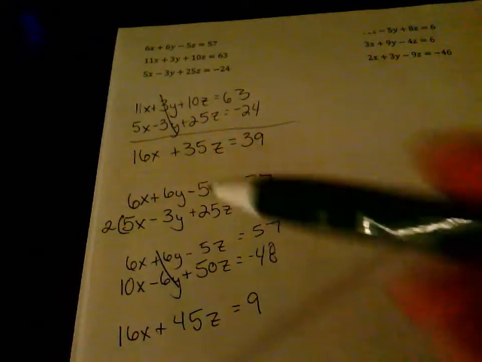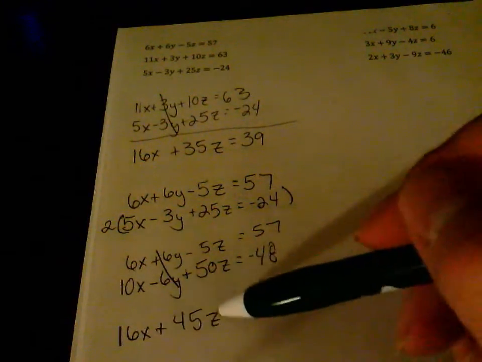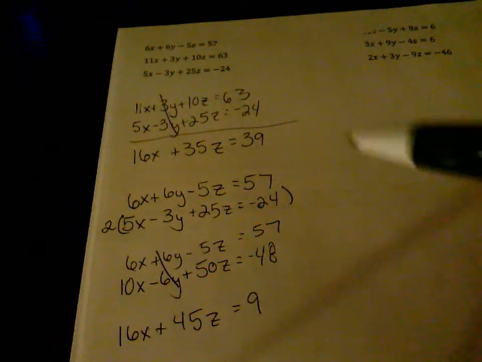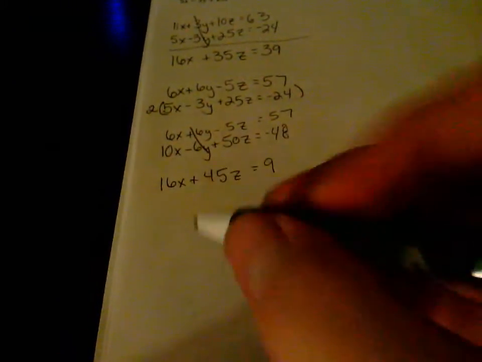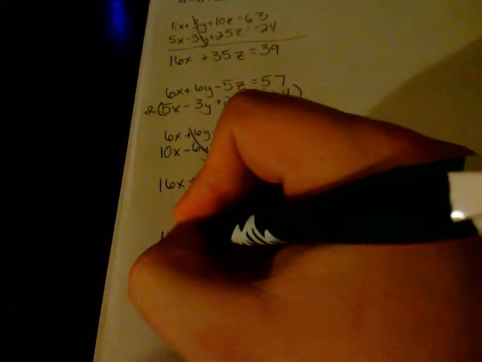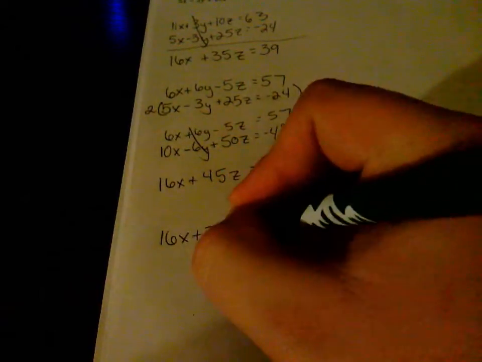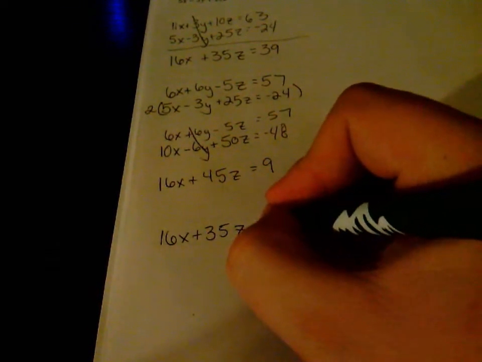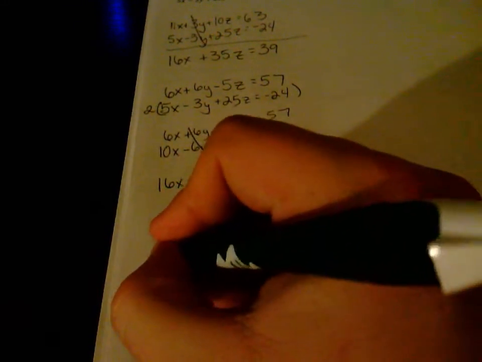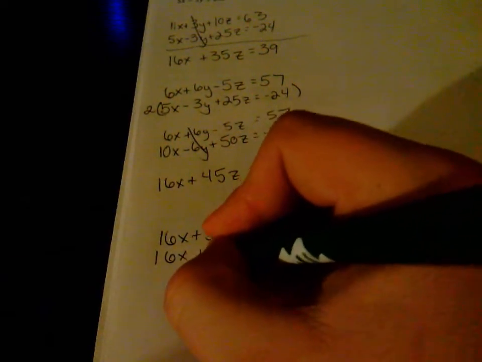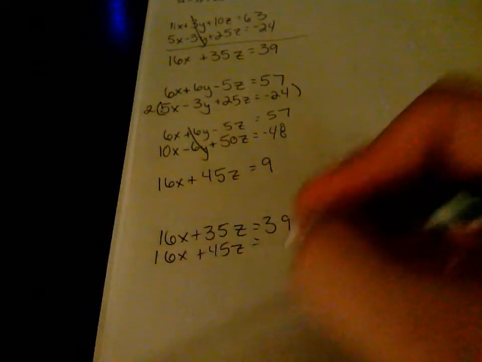So now I have two equations with the same two variables that I can deal with. So what I'm going to do is come down here and rewrite those two equations. 16x plus 35y, or z, equals 39. And then 16x plus 45z equals 9.